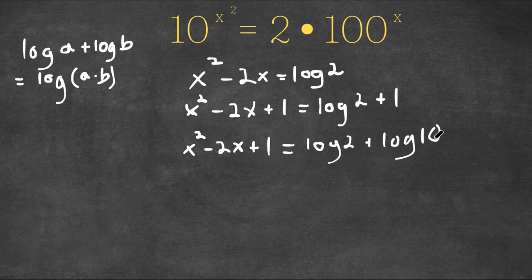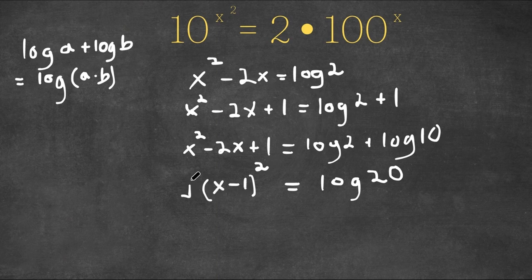So log 2 plus log 10 would equal log 20. This is equal to x squared minus 2x plus 1. This can be written as x minus 1 squared.